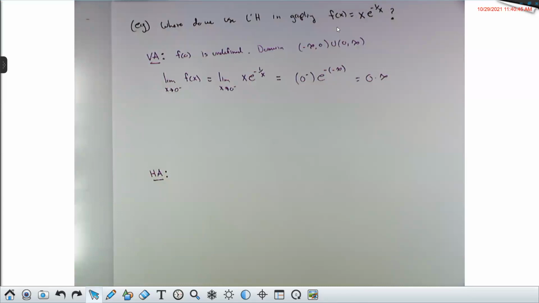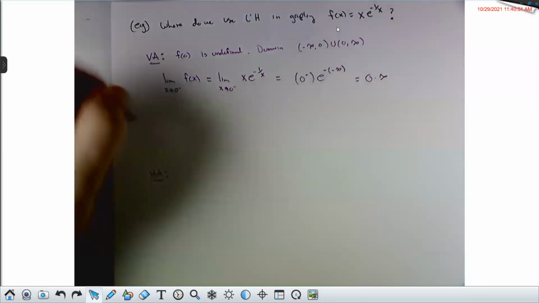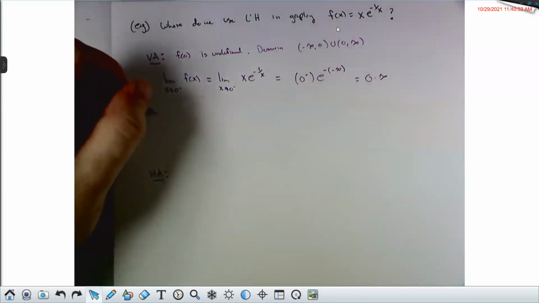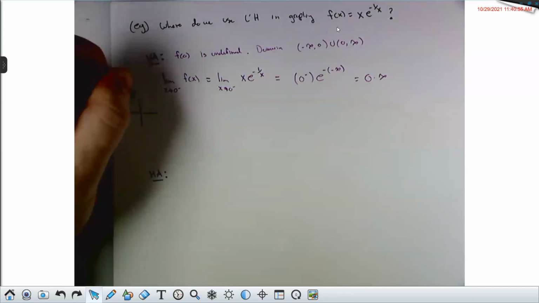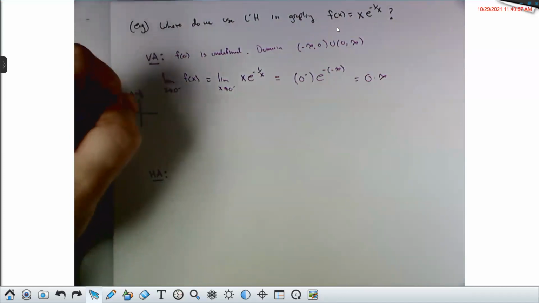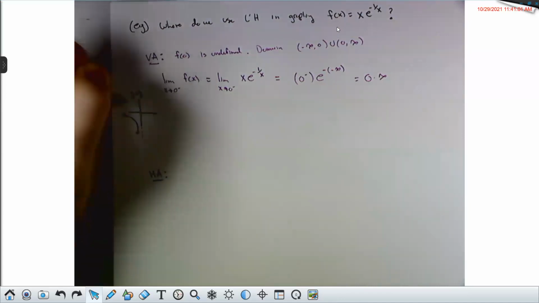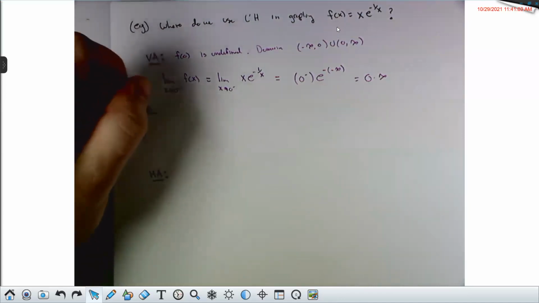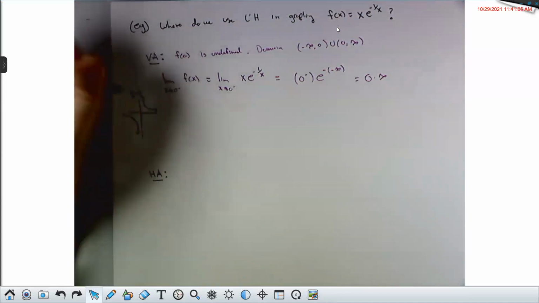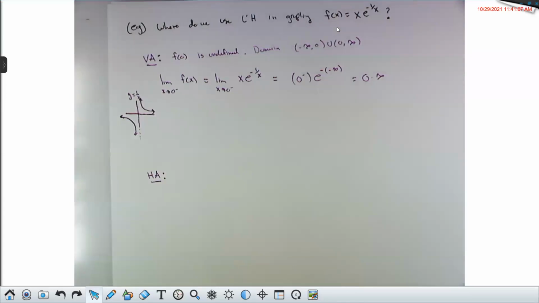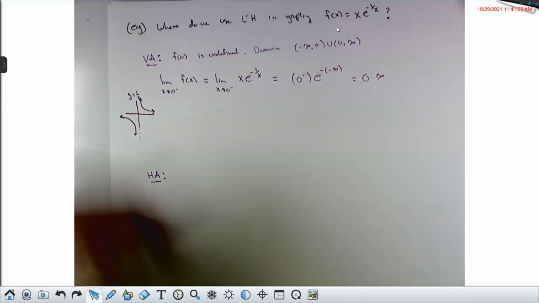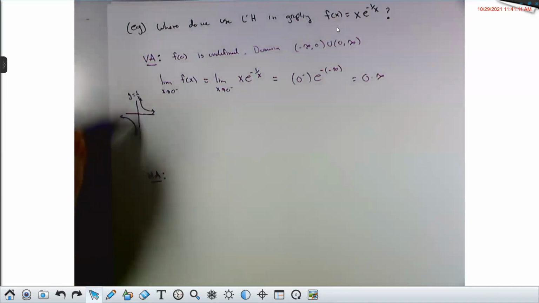How do you know the 1 over x is going to negative infinity? Because if I plug in 0 for x, you get 1 over 0, so it's going to infinity. How do you know it's negative infinity? So I'm thinking about the graph of 1 over x. 1 over x itself looks like this, right?